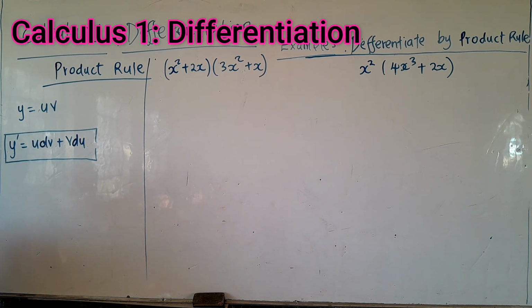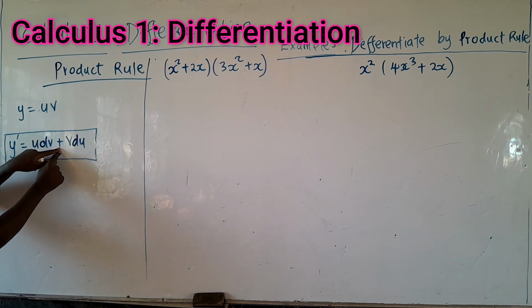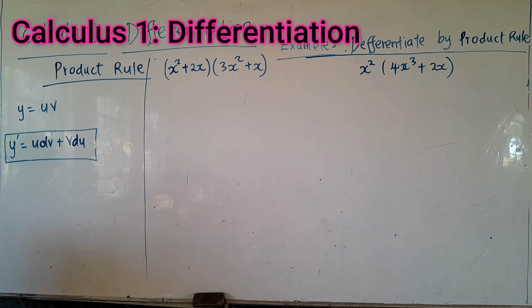If you want to find the first derivative, then you take the first function u, multiply by dv, where dv means the derivative of the function v, and then you add that to v, the function v, multiplied by du. du is the derivative of the first function.